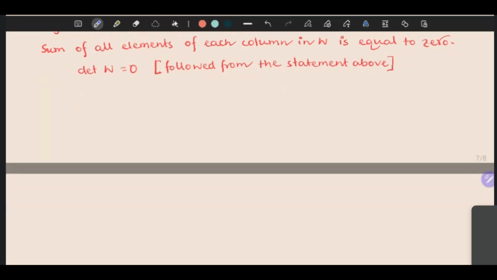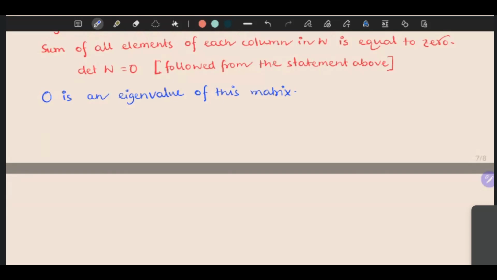So that means 0 is an eigenvalue of this matrix. So we will come back to the physical significance of this later.